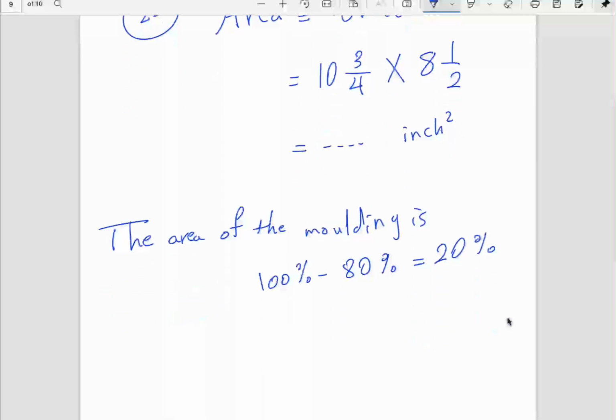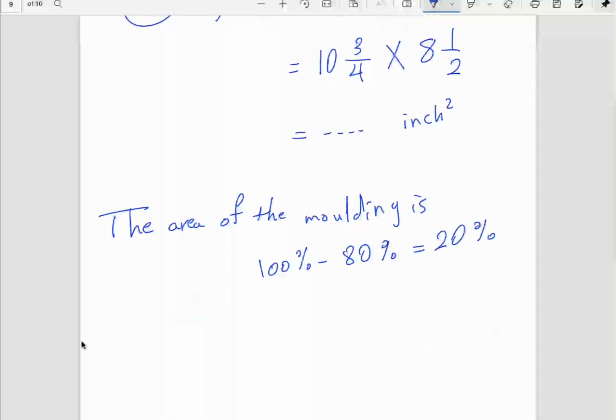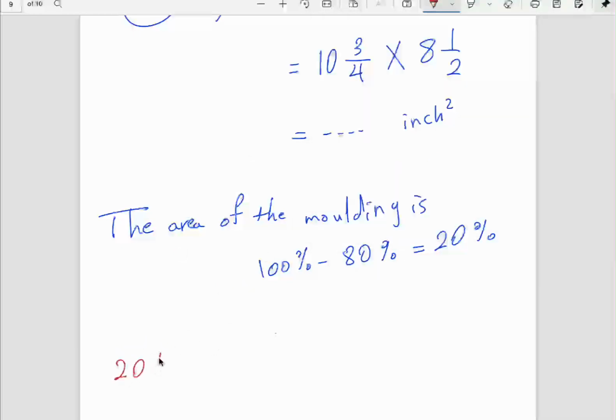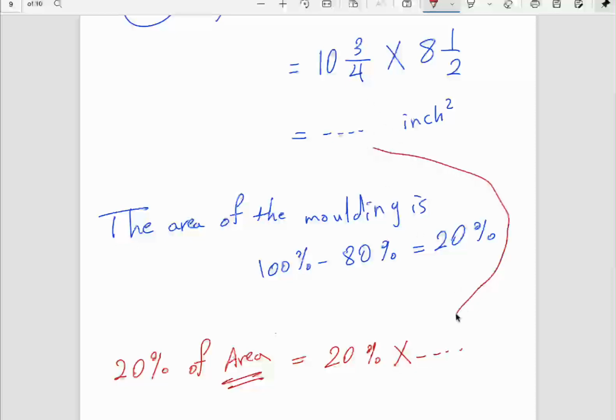Now let's find 20% of the area. Let's change this color. 20% of the area, we should multiply it by the area that we got here, and we will get the answer. Okay, guys, any problems? Any questions?